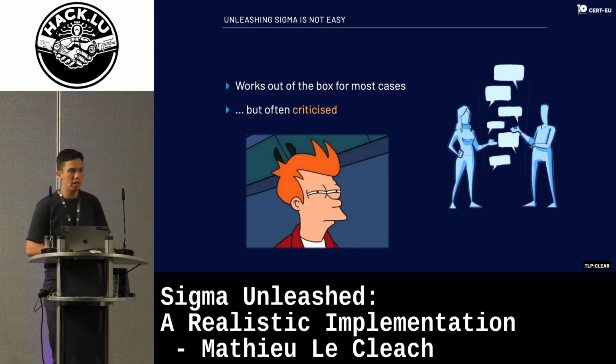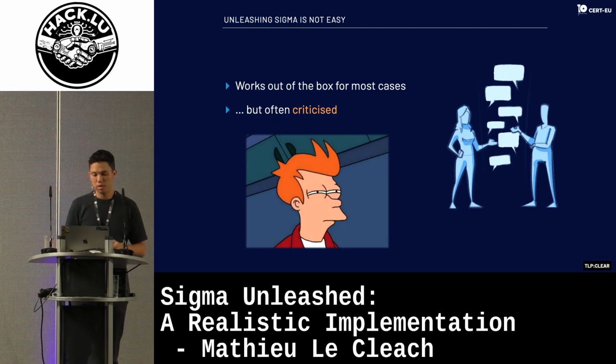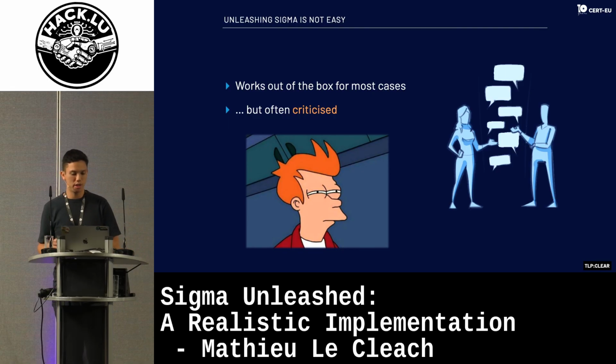Well, deploying Sigma is not easy. While it works out of the box, so you go on Sigma HQ, you take the rule, it doesn't fit your production environment. You have other fields. You have endpoint logs that are mostly not standard, with fields that are not standardized.